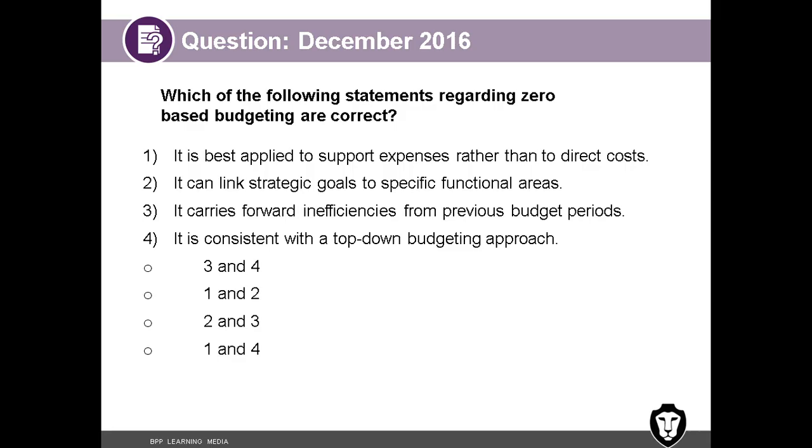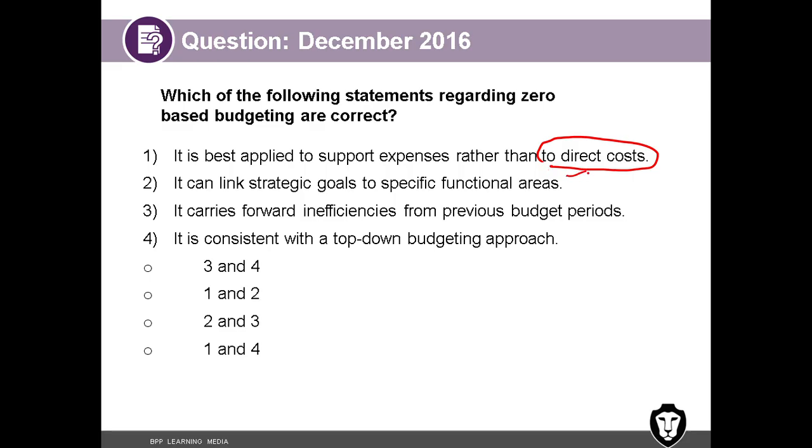Let's see some more questions here. Which of the following statements regarding zero-based budgeting are correct? It is best applied to support expenses rather than direct cost, because direct costs, they are routine. That's what I explained earlier. Whoever the manager, whatever the decision, you can't change the material cost, you can't change the direct labor cost. So there you don't need zero-based budgeting.